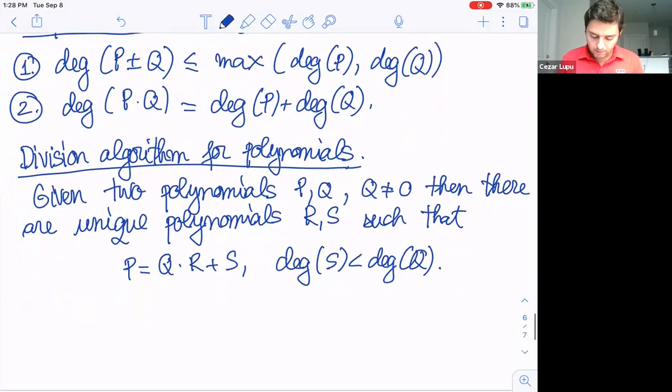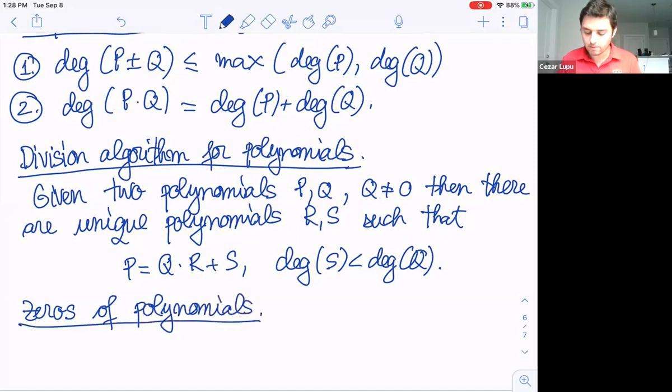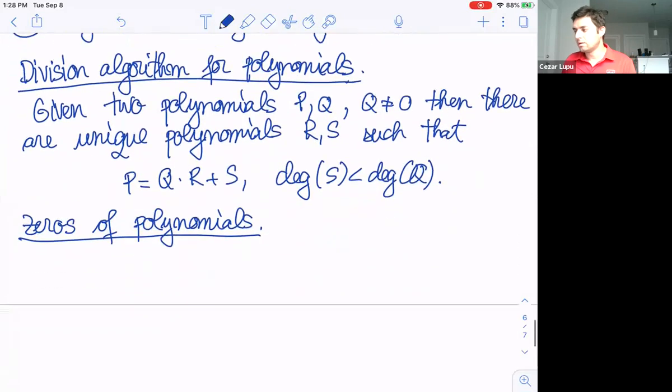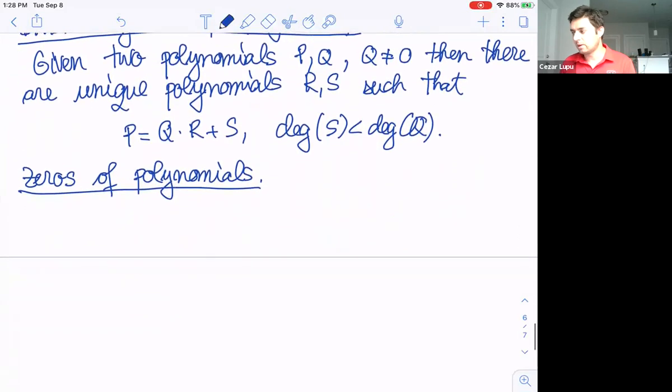Also, another important thing in polynomials are the zeros of polynomials. There are so many things to cover here, but I'm just going to cover the basics. You already know the quadratic polynomials. You know what the zeros of this are, and so on.